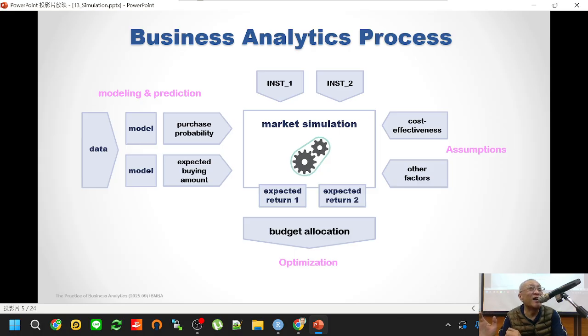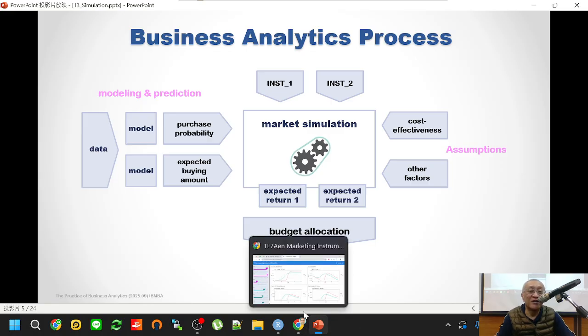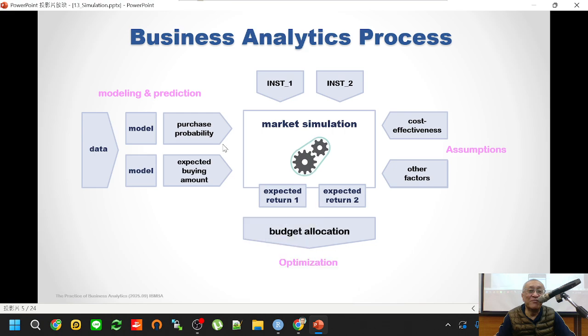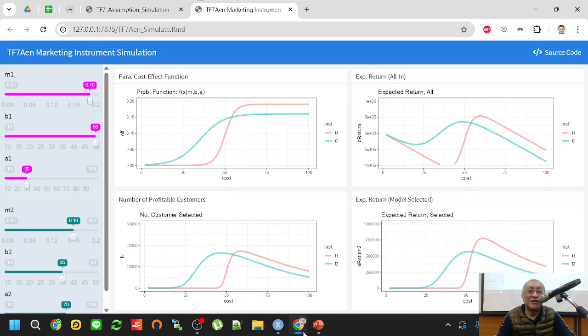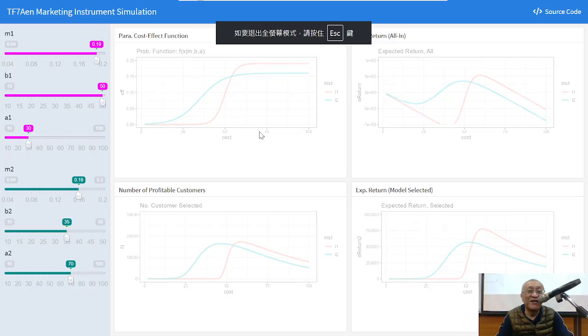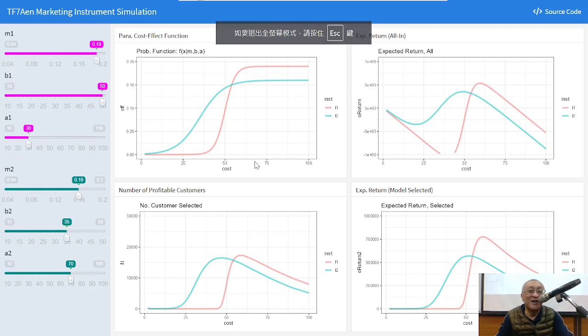So today in this notebook I will go through the logic from doing the assumption on the S curve, and then how to find out the best cost.